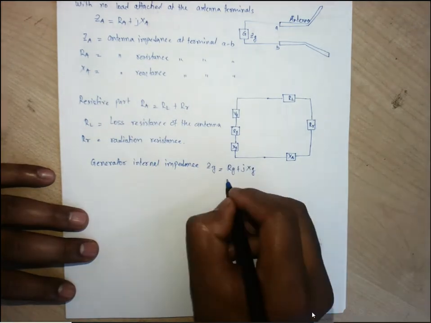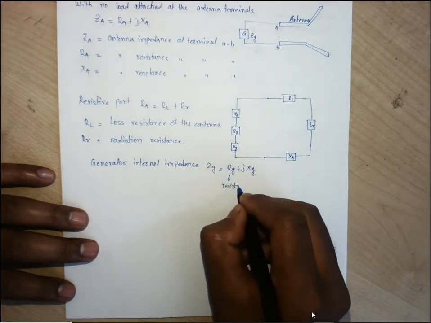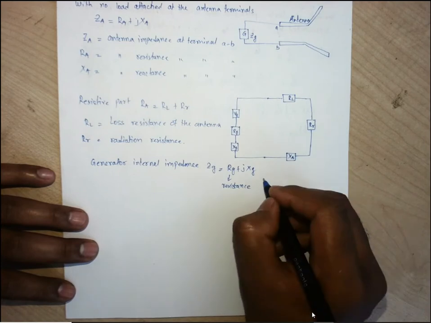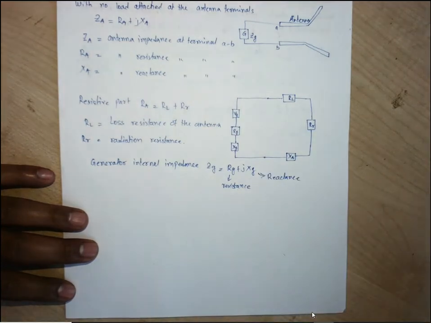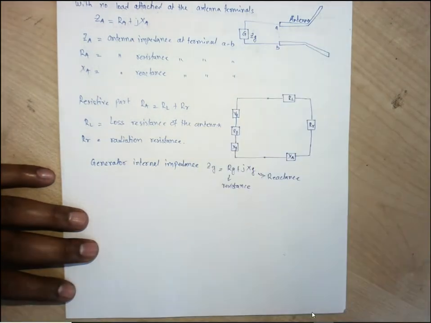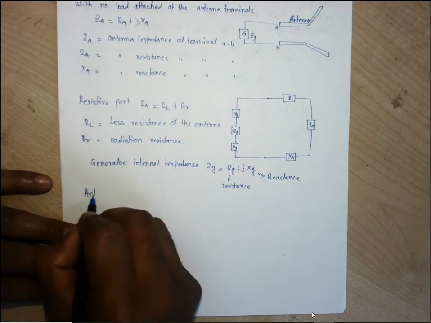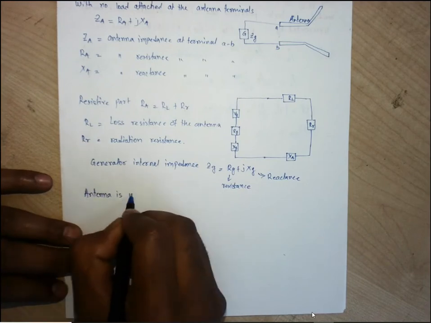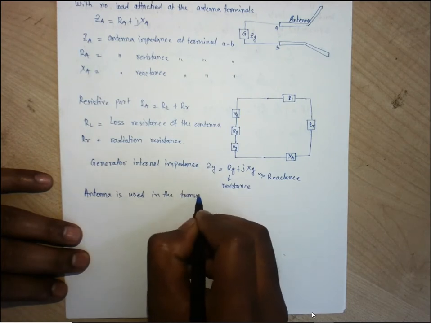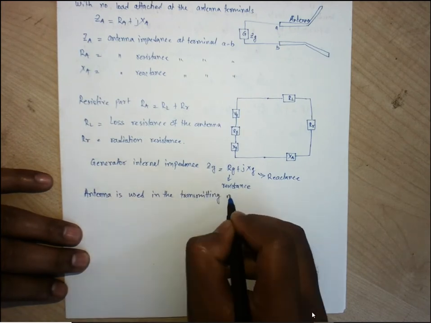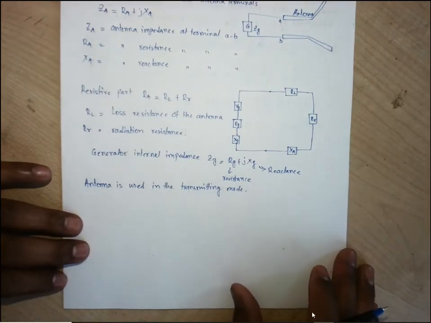So Rg is the generator resistance, and this Xg is the reactance. Now this antenna is used in the transmitting mode, or for transmission. We can also have the same thing for reception. Okay.